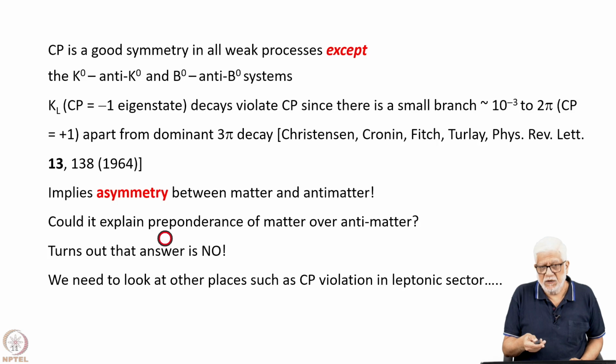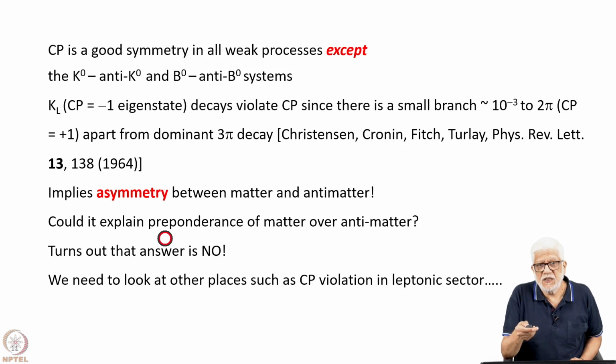So, why is there a preponderance of matter over antimatter? Is this violation enough to do that? If you have a 1 in 10 to the 8 or 10 to the 9 violation of CP, then you can explain the present day matter dominance.